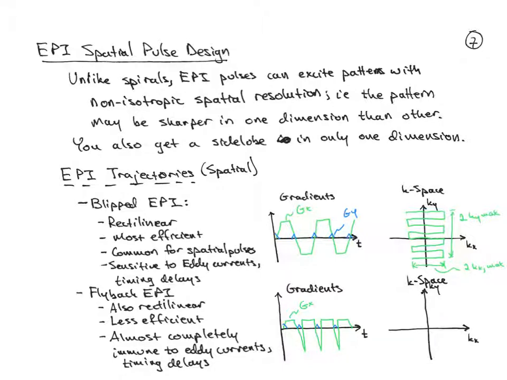Note that in the blipped EPI case, we play RF during the flat portions, so that's both the positive and negative portions of the trajectory. But for the flyback case, we only play RF out during the positive portions. And then the trajectory that we trace out kind of zigzags. So we zigzag up and down and play out RF during the parts where we're going straight across the kx axis.